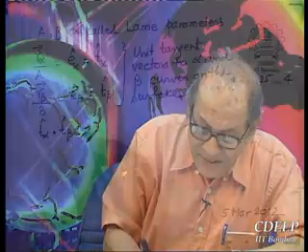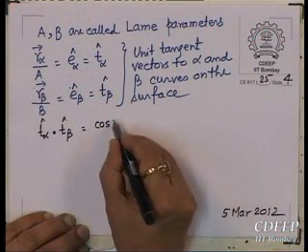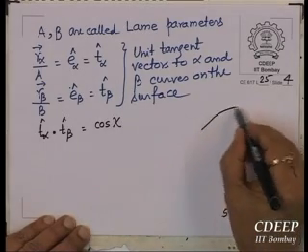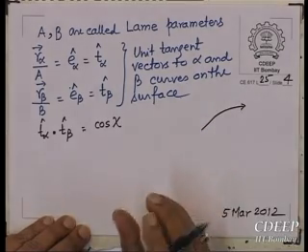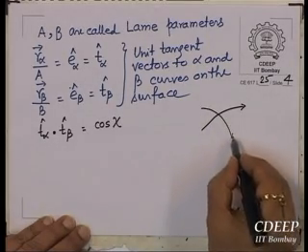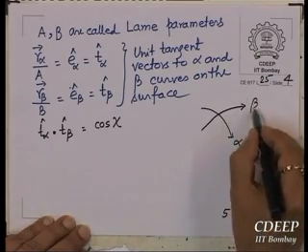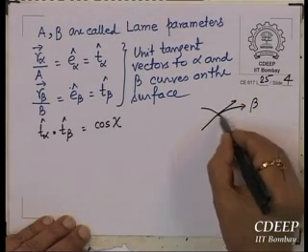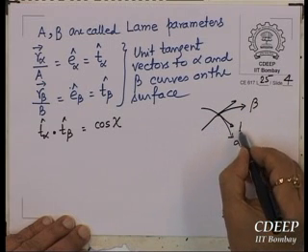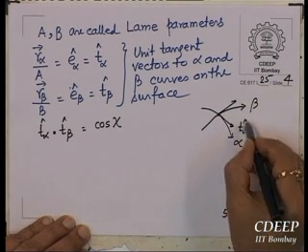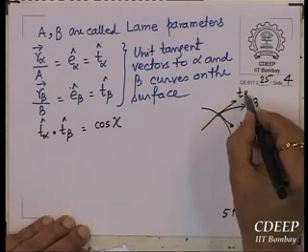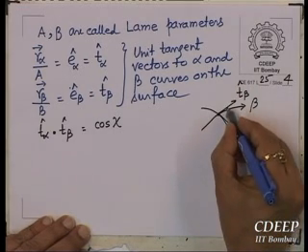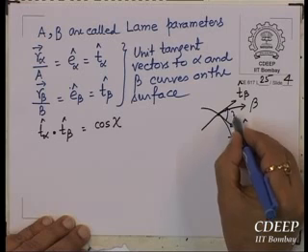Let us say the angle is kappa. So this is alpha, this is beta, this is T alpha, this is T beta, and the angle in between these two tangents is kappa.